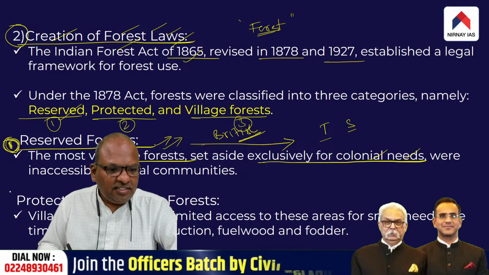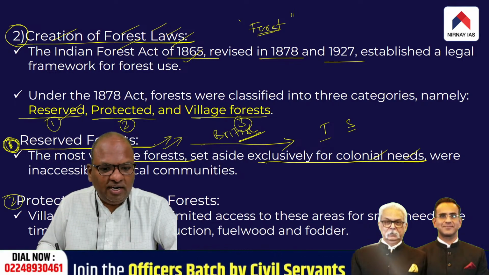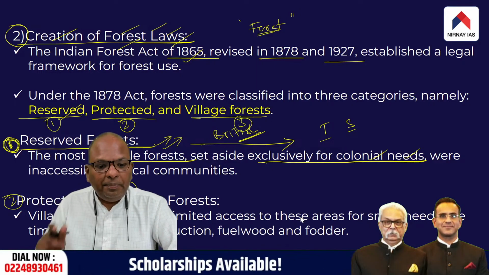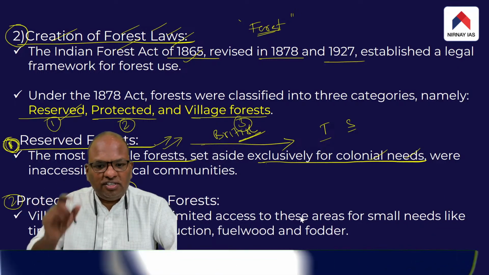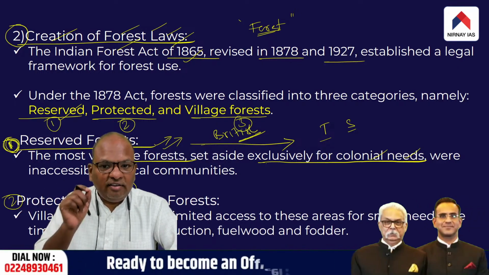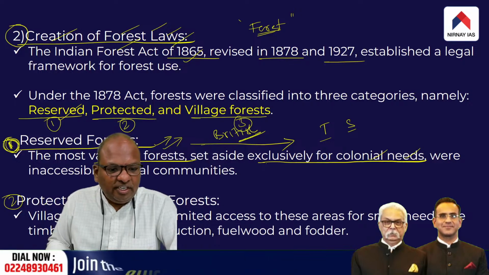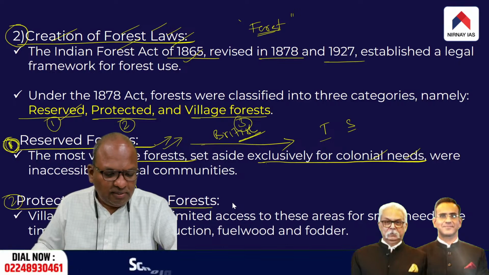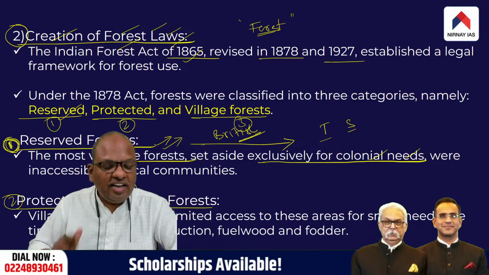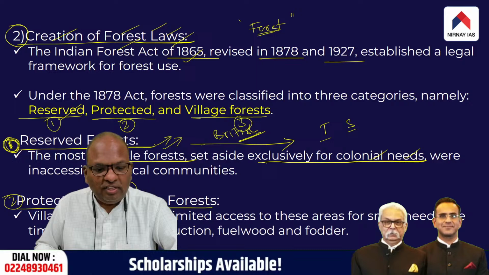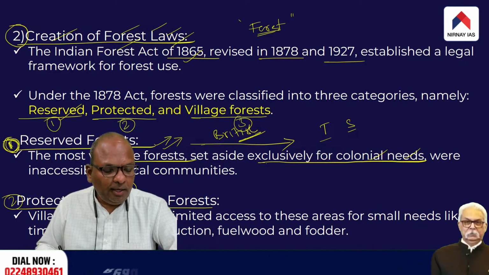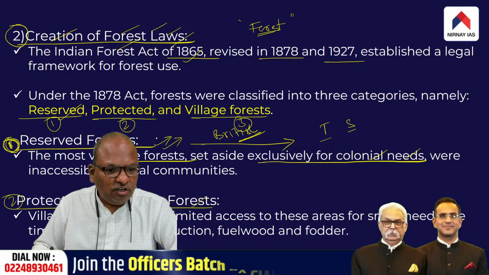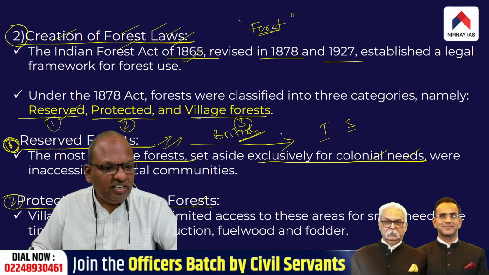The second category of forest is protected, and the third category of forest is village forests. Under the forest laws, the British allowed limited entry of the villagers and the forested people into the protected and village forest, whereas in reserved forest, the entry of the people was completely banned.